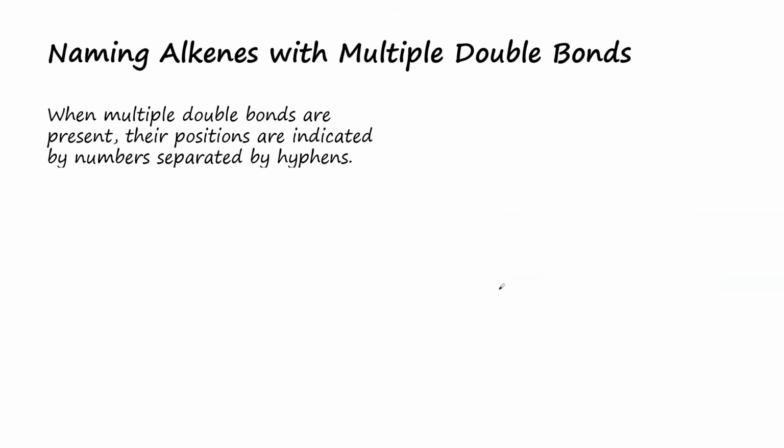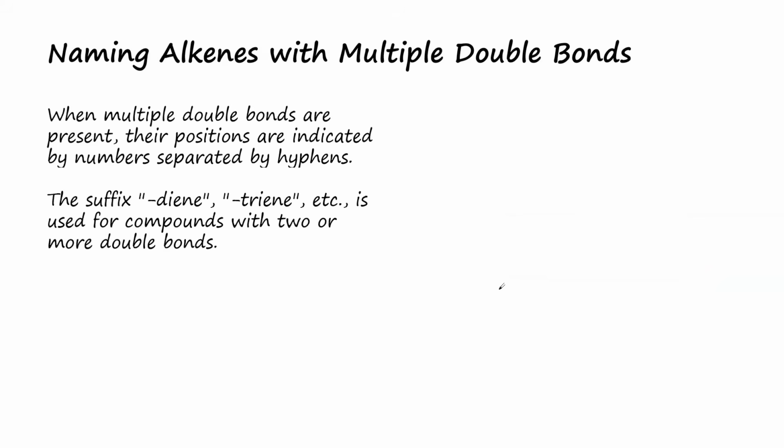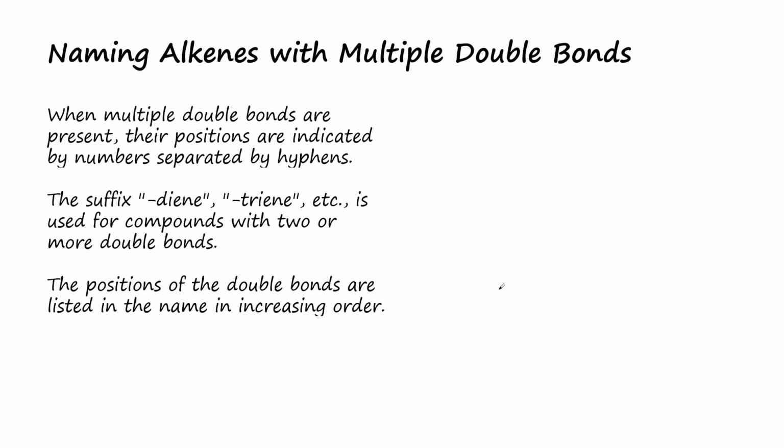When multiple double bonds are present, their positions are indicated by numbers separated by commas. For example, the suffix is going to be diene if it is 2, and if it is 3, it's going to be triene, etc. It's used for compounds with 2 or more double bonds. You use a comma between the numbers, and you use a hyphen between the numbers and a letter.